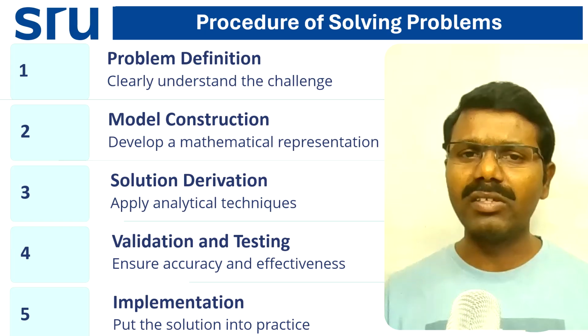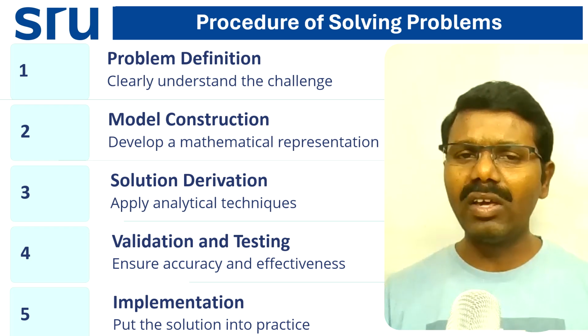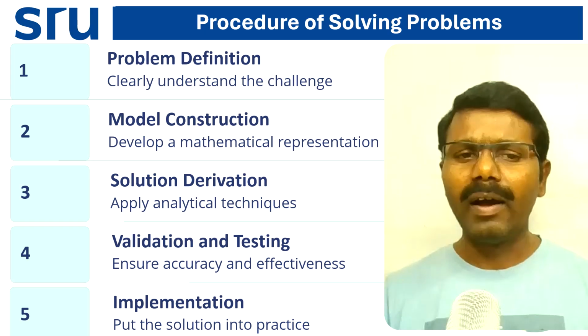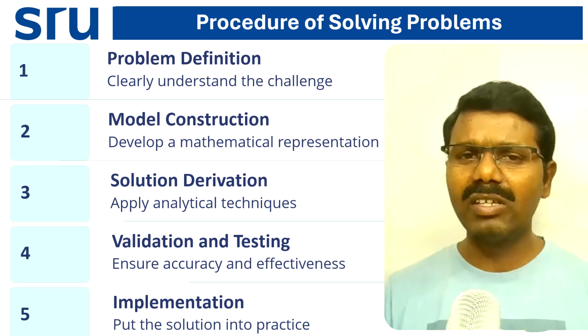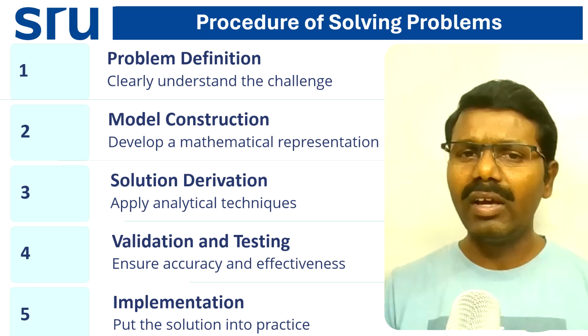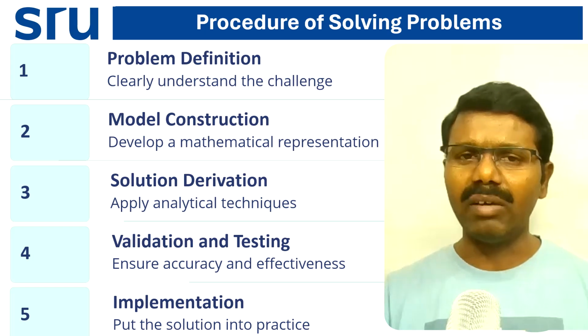In operations research, we are going to use very simple mathematics like addition, subtraction and divisions, simple equations and simple tables. So these things you will be able to solve very easily.